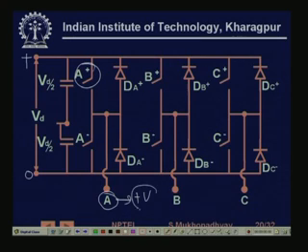If you switch on this, immediately this terminal will go to 0, or maybe if we call it plus V by 2 and minus V by 2, in which case it will go to the negative terminal, and this will go to the positive terminal. So, depending on the switches we can vary the voltages. Having understood that, let us now go back.